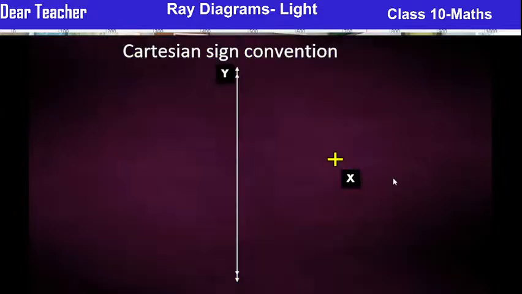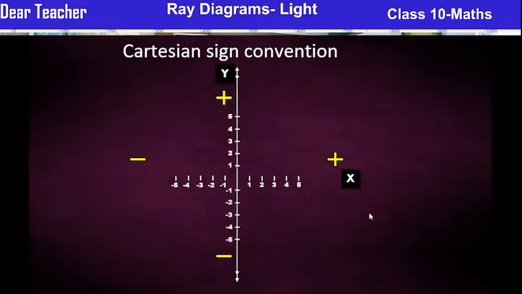The right side of the y-axis is always positive, the left side of the y-axis is always negative, above the x-axis is always positive, and below the x-axis is always negative. So these are the sign conventions.